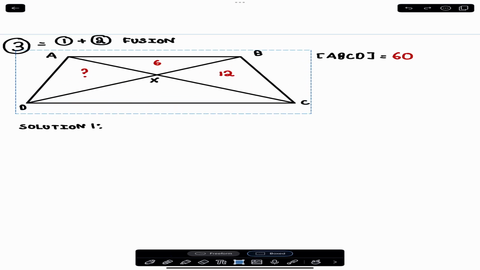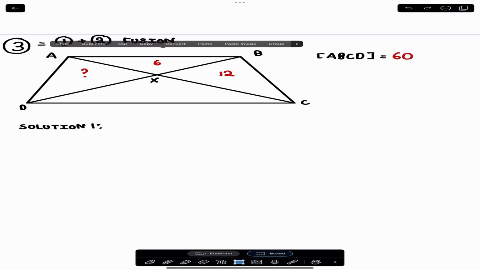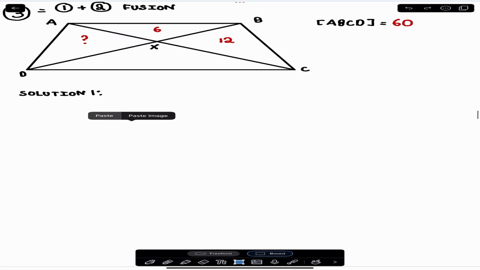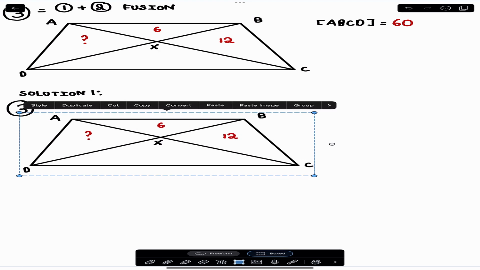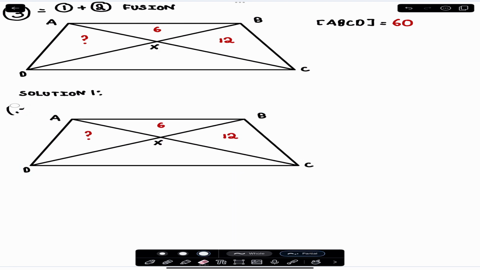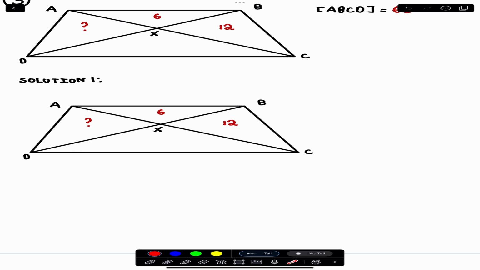So I'm going to go ahead and let's bring this down. Gonna get rid of that. Okay. So I hope by now we're getting used to it. So in my mind, just like problem 1, I see 2 big triangles.